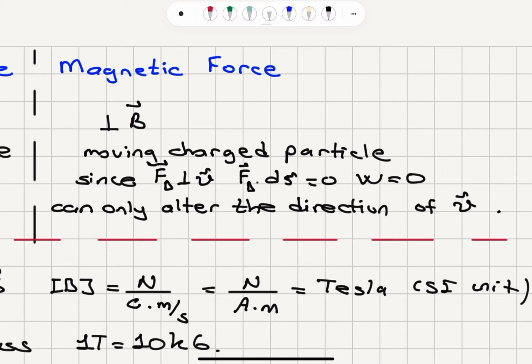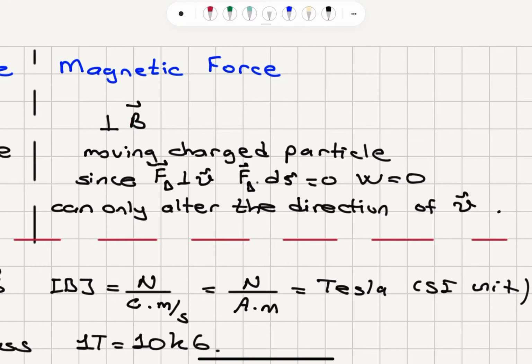So we will see that the work done by this force is 0 because the magnetic force is perpendicular to the velocity vector. The dot product will have cosine 90 in it. So this is ds dt, remember. So we will have a 0 dot product between the magnetic force and the displacement vector ds. Therefore, the work done will be 0.